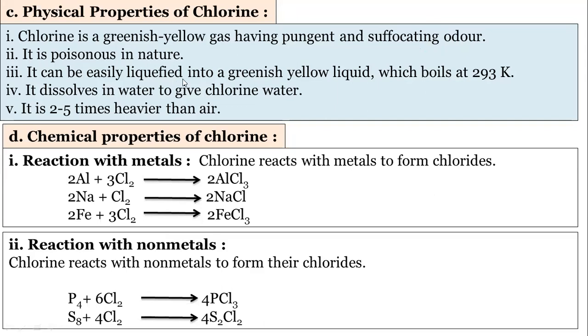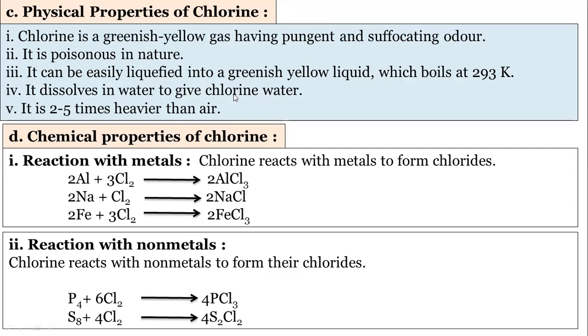It can be easily liquefied into a greenish yellow liquid, which boils at the temperature 293 Kelvin. Then it dissolves in water to give chlorine water, and this chlorine water is used in many reactions.